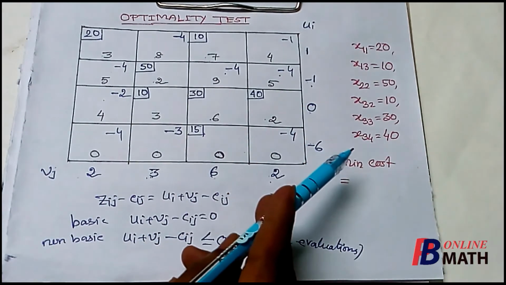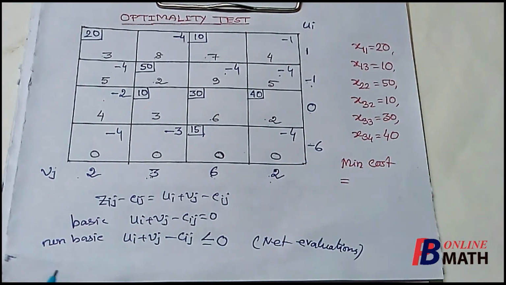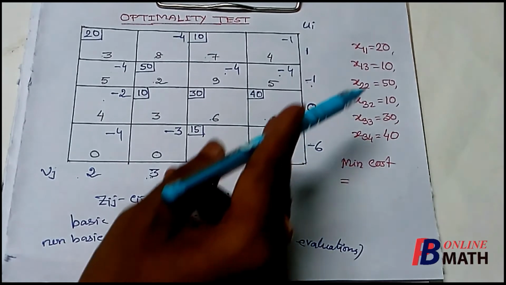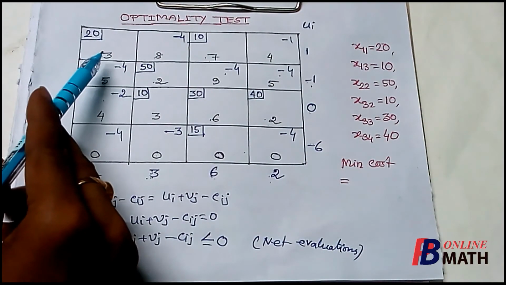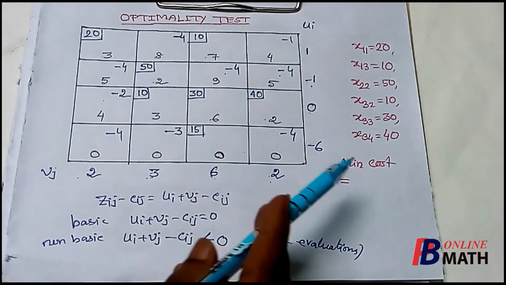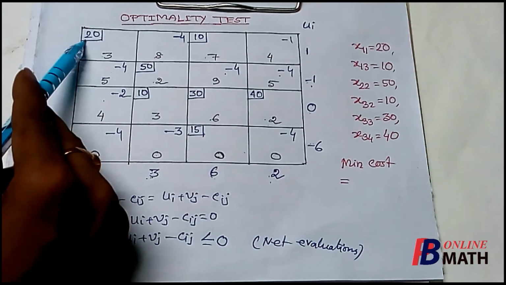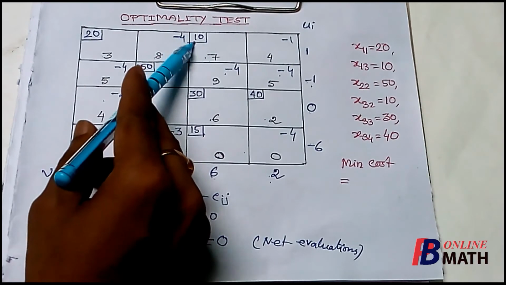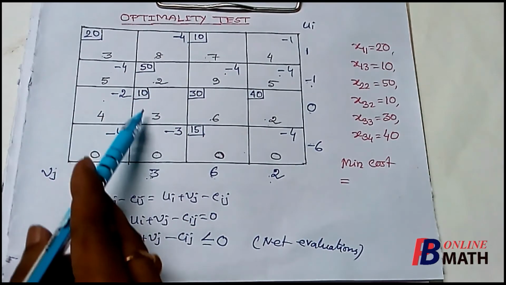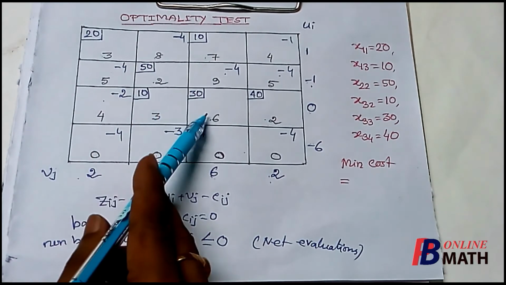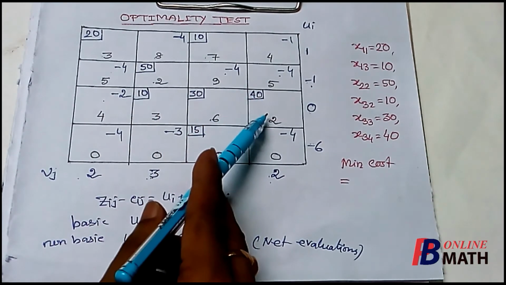Now we shall find the corresponding minimum cost, and we know that the minimum cost can be found by considering the values of the basic variables and the corresponding costs. So the minimum cost will be 20 into 3 plus 10 into 7 plus 50 into 2 plus 10 into 3 plus 30 into 6 plus 40 into 2.